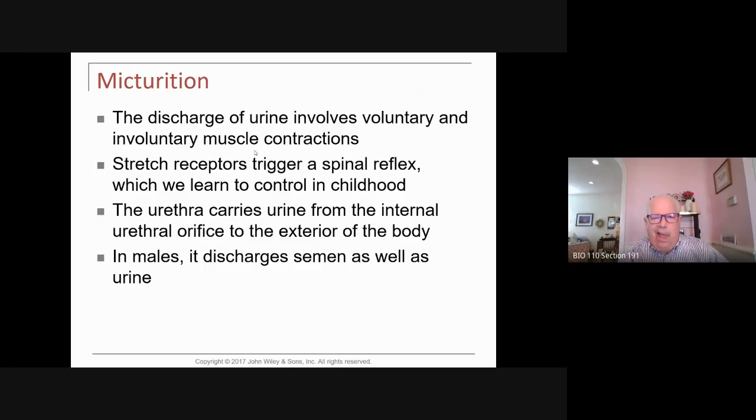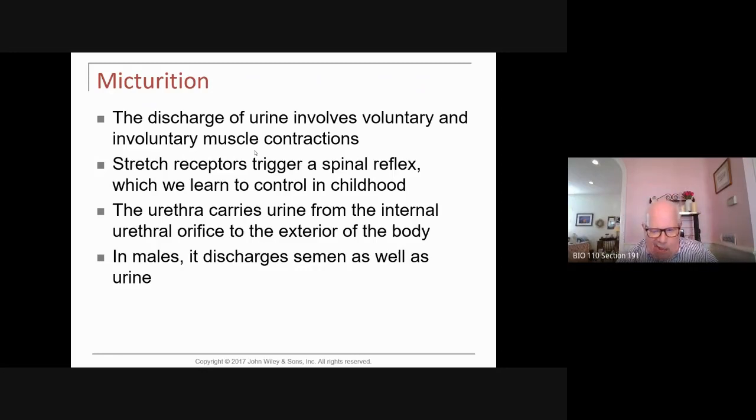Okay? It is controlled by muscles. It can be voluntary or involuntary. Sometimes, if you're laughing or coughing, you pee on yourself. That's because some of your discharge of urine is involuntary.